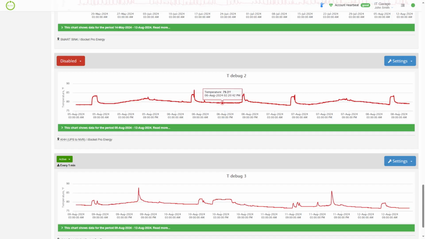They see on their temperature monitoring system, for example, 75, 80, and that's fine. But that is not true. They are kind of faking the temperature.